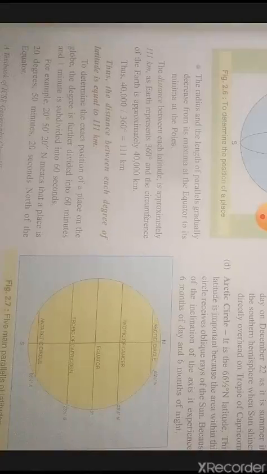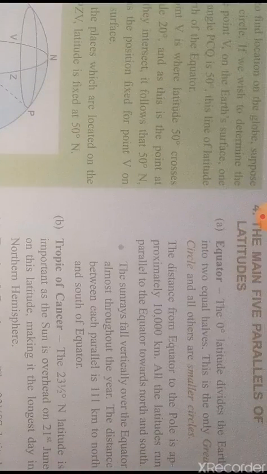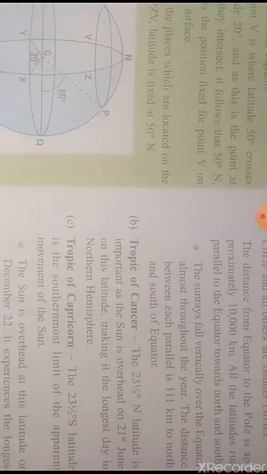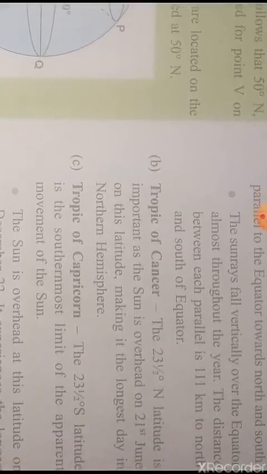Now let us study about the main 5 parallels of latitudes. The main latitudes, their location with degrees are as such. Equator is 0 degree midway between two poles. Tropic of Cancer is 23½ degree to north of equator.